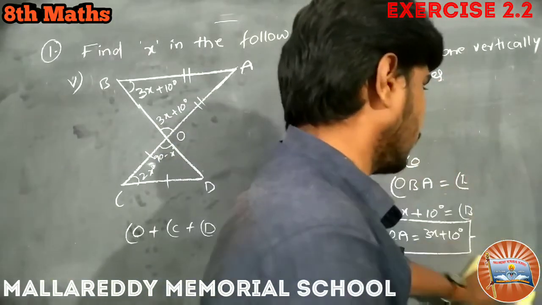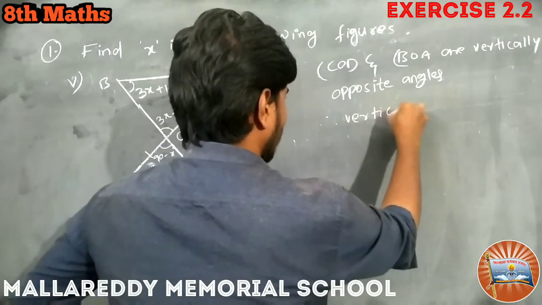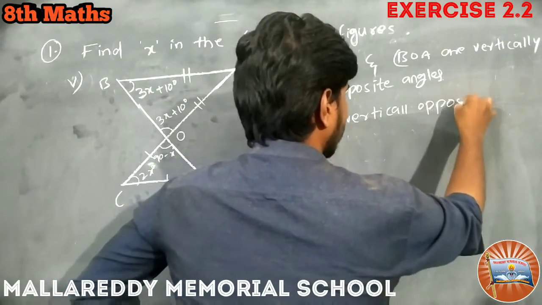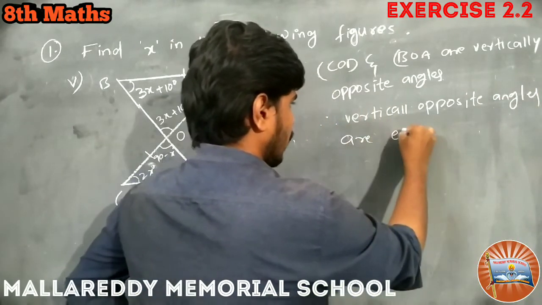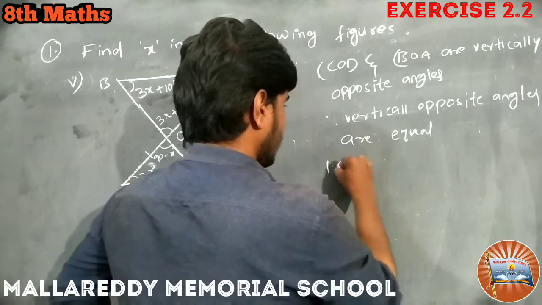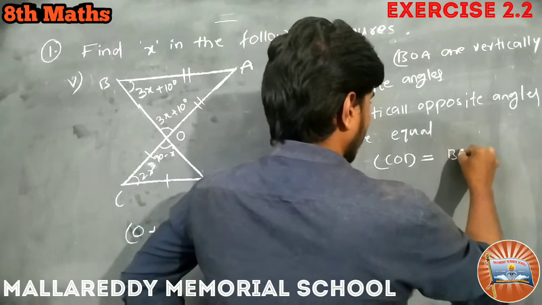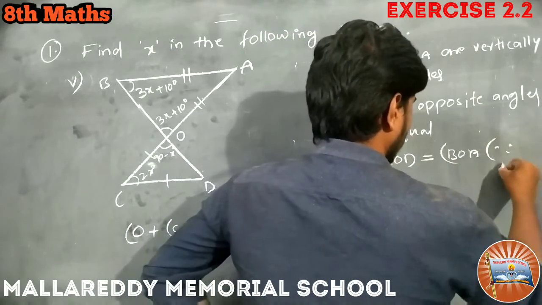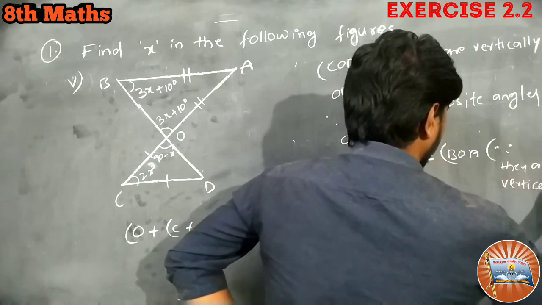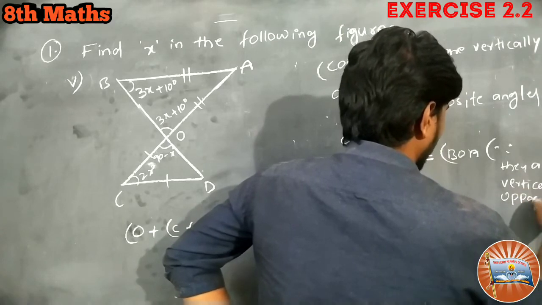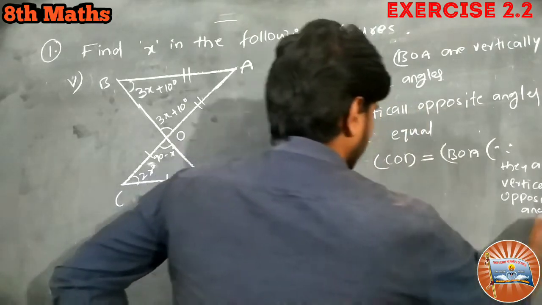Therefore, vertically opposite angles are equal. So angle COD is equal to angle BOA, since they are vertically opposite angles.